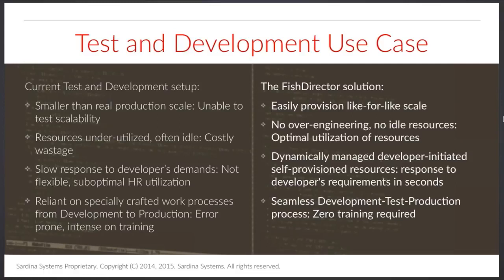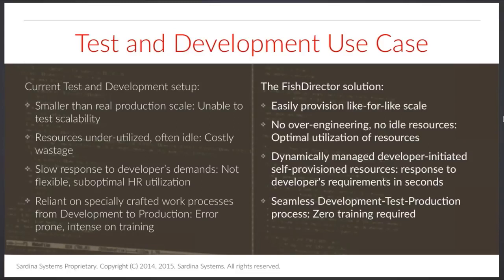Now, conversely, with FishDirector, what we could do is to provision like-for-like scale. And we just manage resource allocation in the back end. With this, you can seamlessly go from development, test, into production.